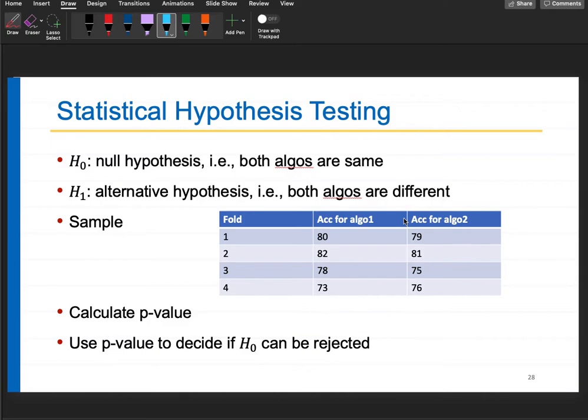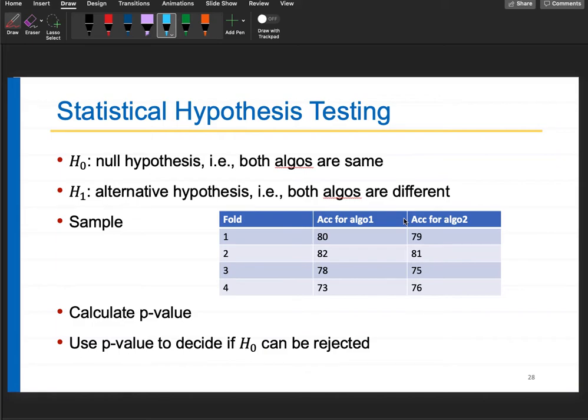If p-value is more than the threshold, you make one decision; if it is less than the threshold, you make the other. Generally, if p-value is less than a threshold, you say H0 can be rejected. If p-value is more than the threshold, you say no, H0 cannot be rejected. This is just a convention, but it's okay.